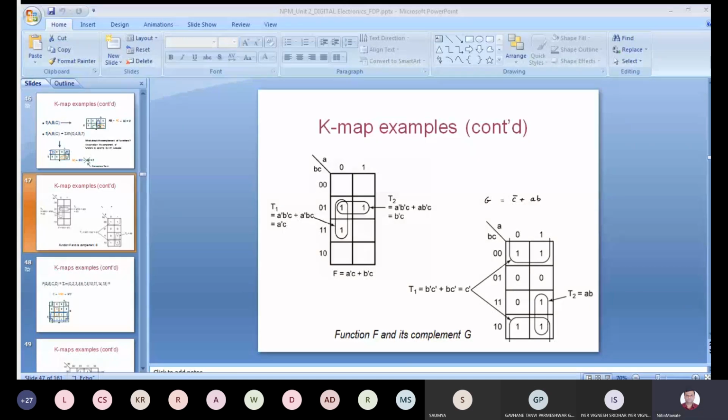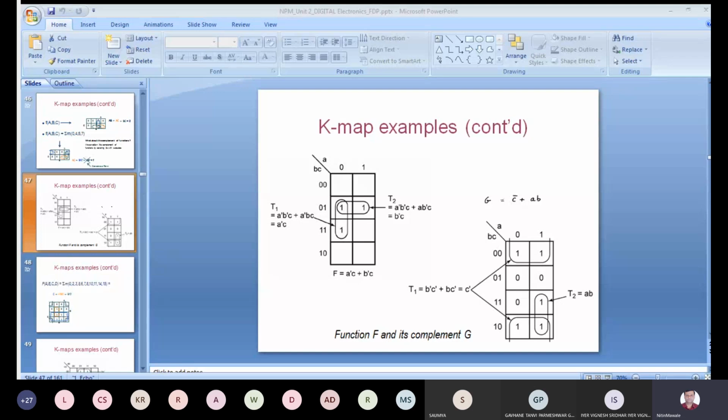So draw the K-map, remaining students, those who have not completed. At the upper side PQ, at the lower side RS, as S is the LSB. Then take the gray code as 00, 01, 11, 10.